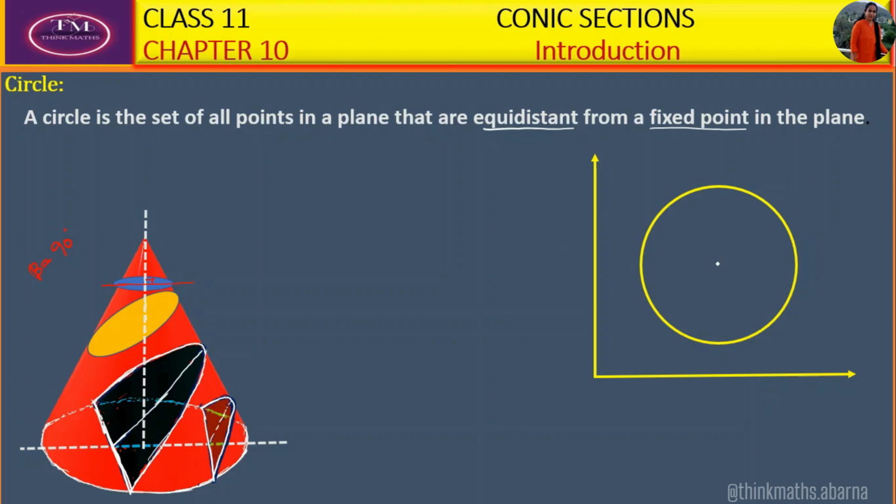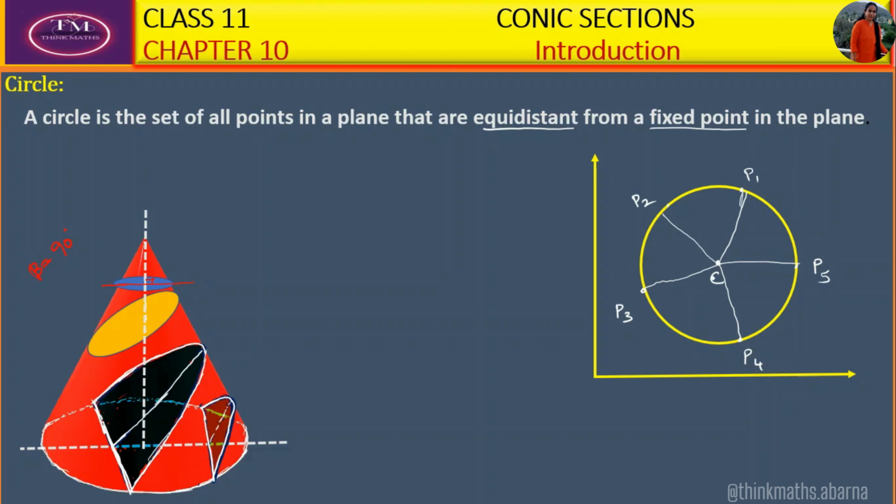Let us fix a point C. If we take points in the plane P1, P2, P3, P4, P5 and draw lines from C to these points, their distances will be the same.